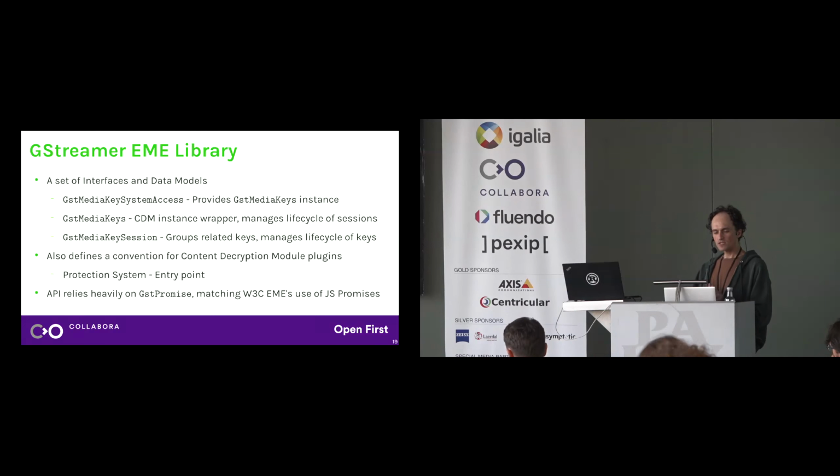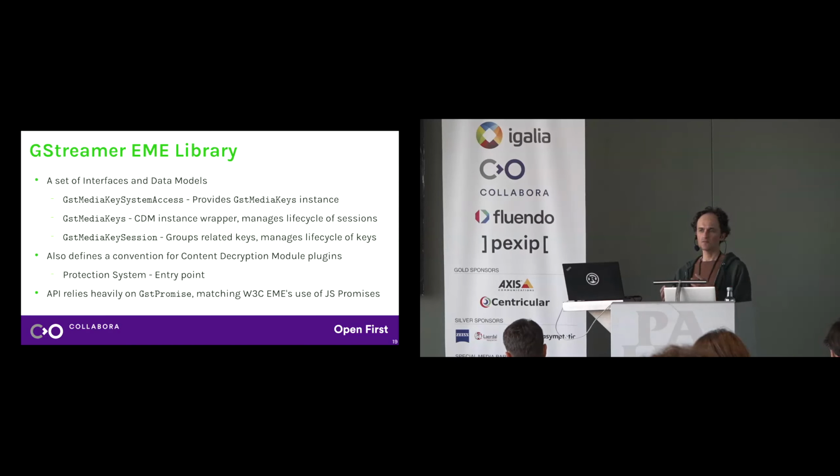The next thing we did: there's a little bit of complexity with the entry point for the EME API. When you're developing client-side web applications, you request the system access object from the browser, a navigator.something API. That doesn't really exist in GStreamer.